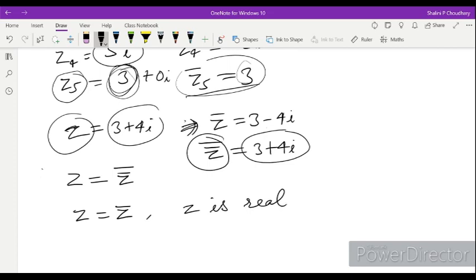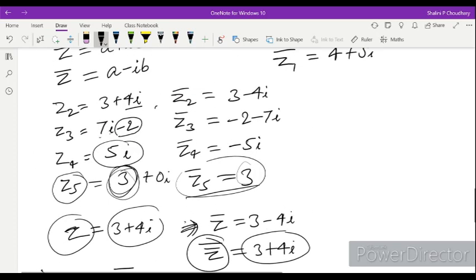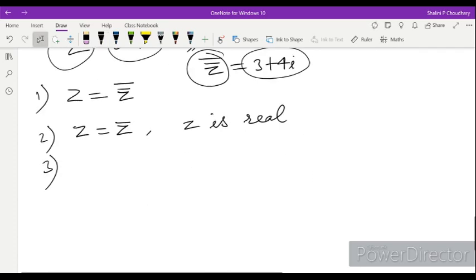What else can we say? In Z4 there is no real part, only the imaginary part, so the sign of the whole number changed, meaning a minus came. So if Z is equal to minus Z bar, it means Z is imaginary.